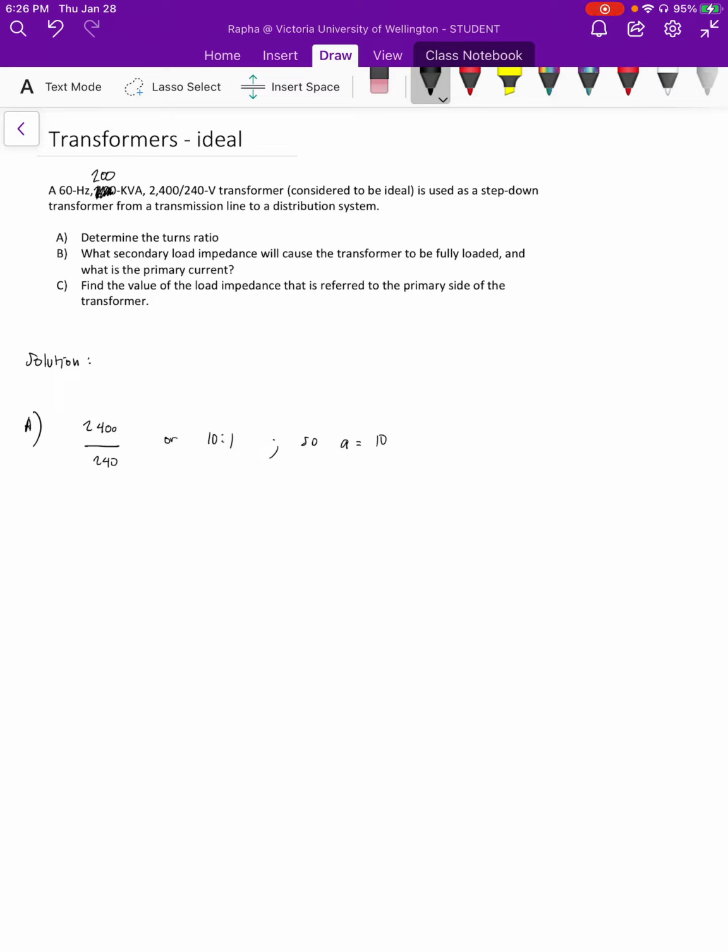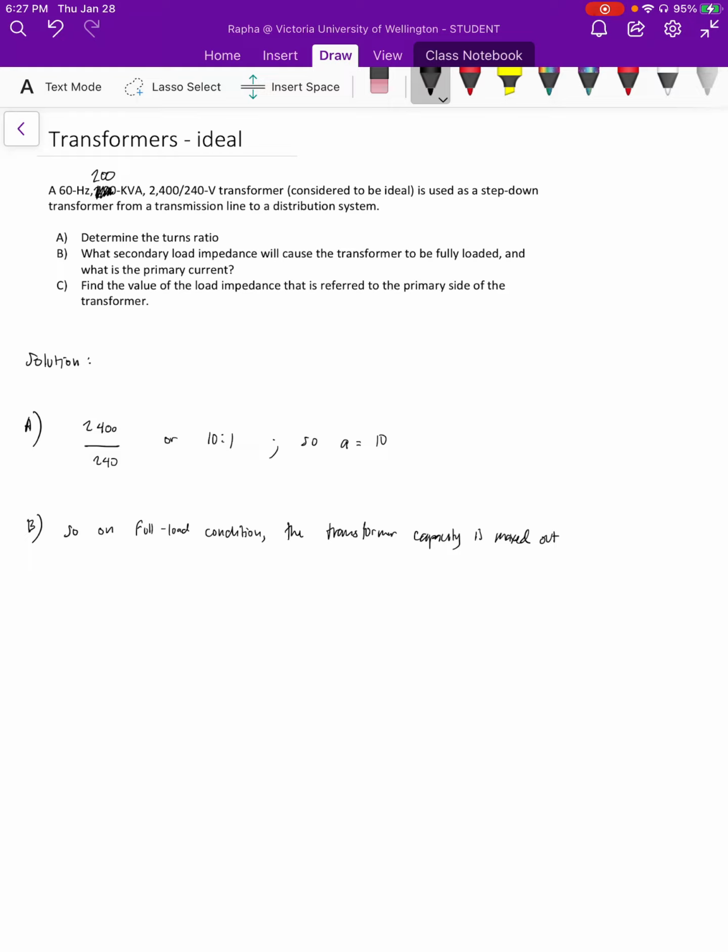Then, letter B. Letter B, kailangan na natin calculate ang secondary load impedance at the condition where the transformer is fully loaded. So, on full load condition, the transformer capacity is maxed out.